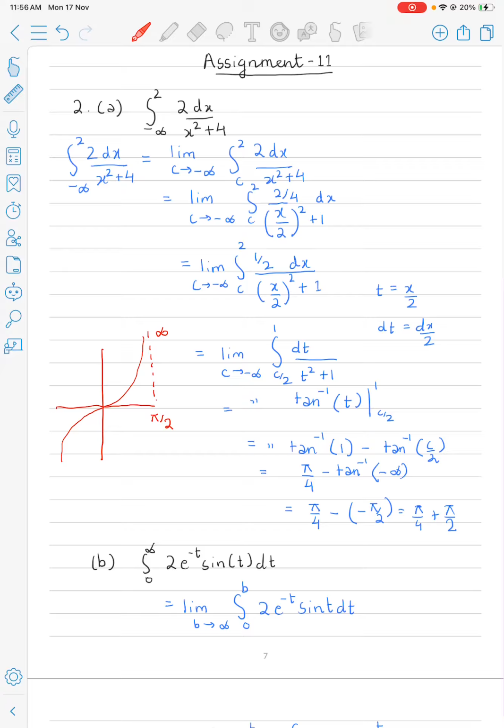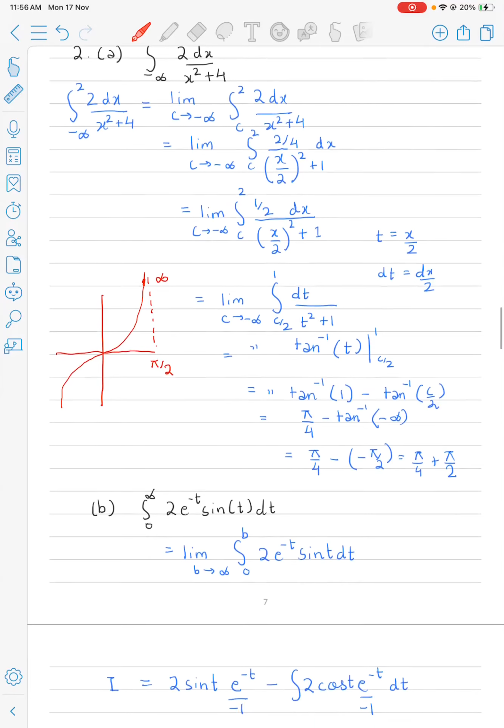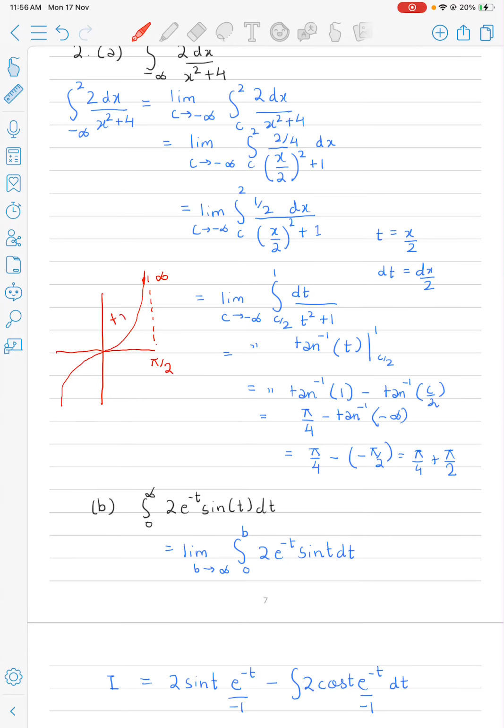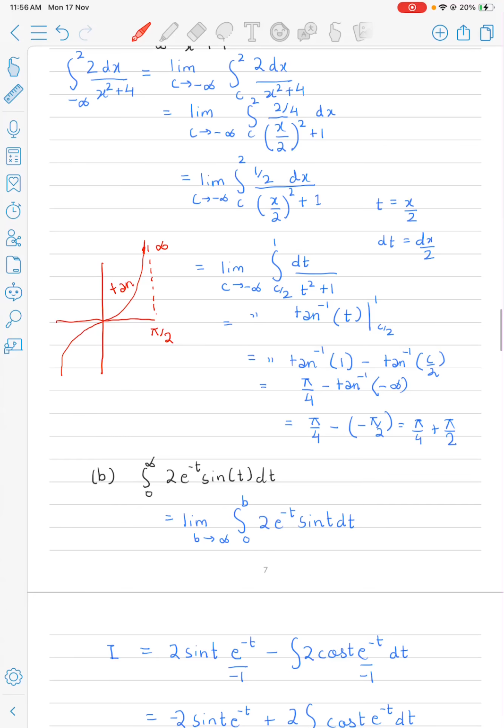This is the graph of tan. Sorry, I said pi by 2, not pi by 2, I meant minus pi by 2. We are talking about minus infinite. Tan takes minus pi by 2 to minus infinite.